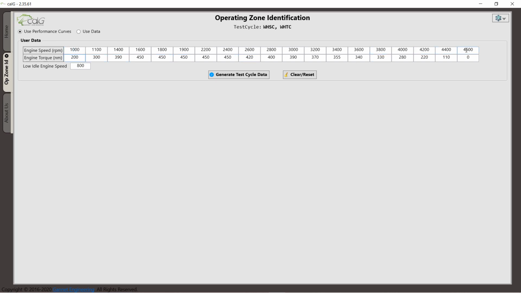The max speed of the engine is 4600 rpm, which is the high idle, with zero torque, meaning zero power. The maximum torque of 450 Nm is between 1600 rpm and 2400 rpm. When this engine is running in the emission test cycles, WHSC and WHTC, where are the emission points focused?